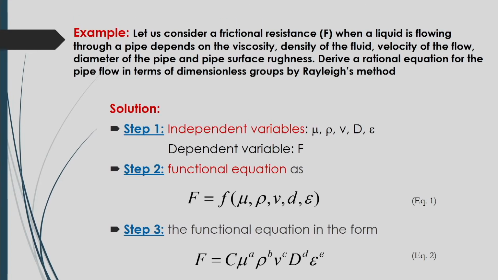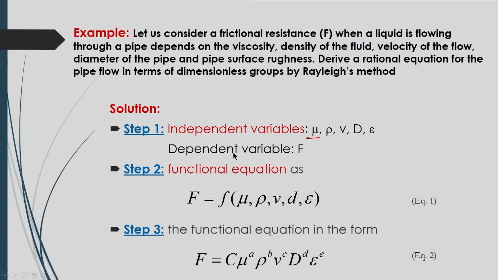As step 1, you have to first identify what the dependent variables and independent variables are. The dependent variable is the frictional resistance, because this frictional resistance depends on the viscosity of the fluid, density of the fluid, velocity of the fluid, diameter of the pipe and also roughness of the pipe surface. Viscosity is denoted by mu, density is denoted by rho, velocity of the flow is V, pipe diameter d and pipe roughness as epsilon.